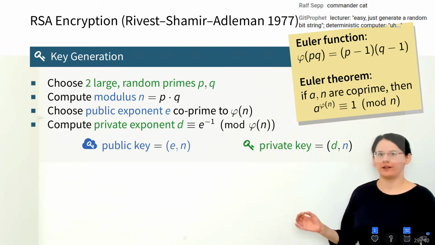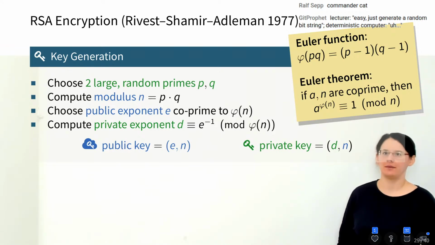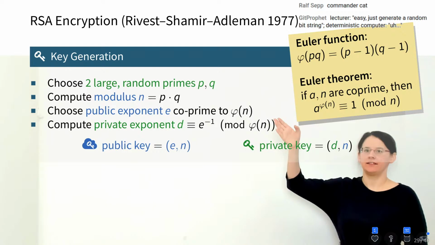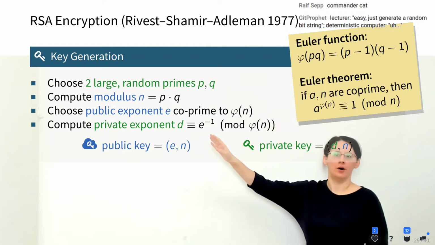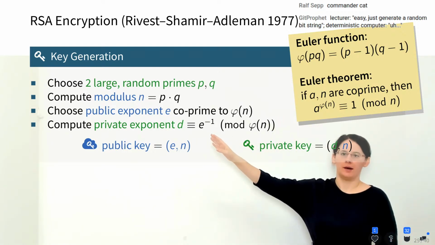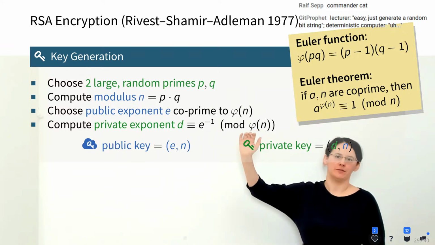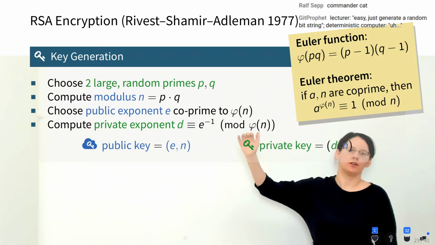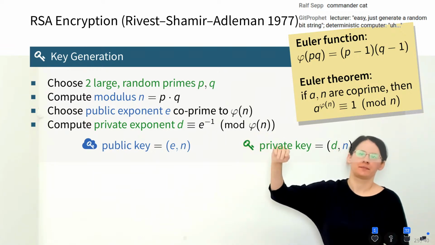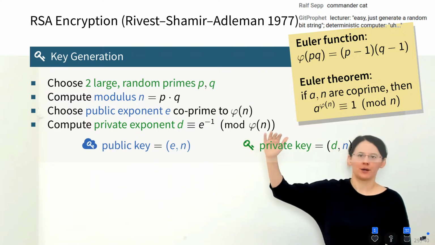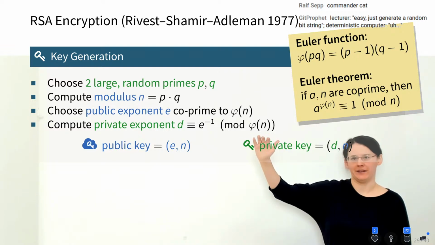From this, however, we derive another secret number, namely the secret exponent. So we have a public exponent and a secret exponent, which is the modular inverse of our public exponent. Not modulo n, but modulo phi of n. Notice that this is different from what we've done so far. Now, why are we computing modulo phi of n here?